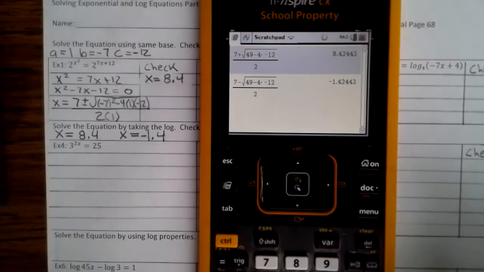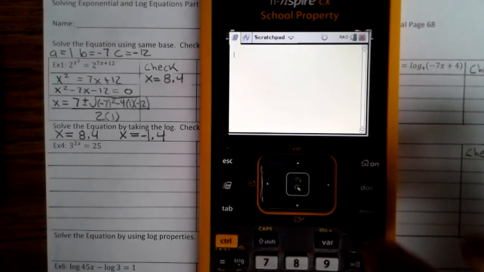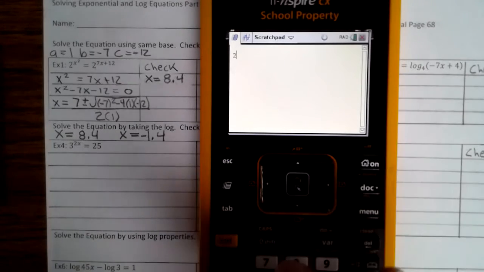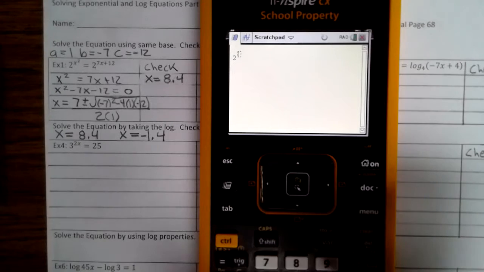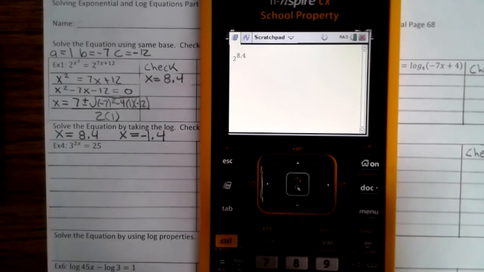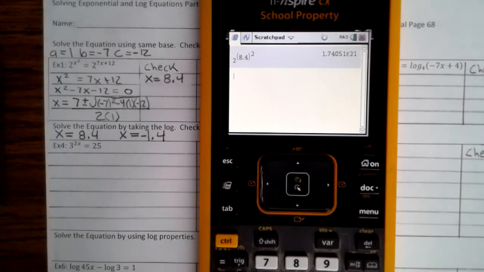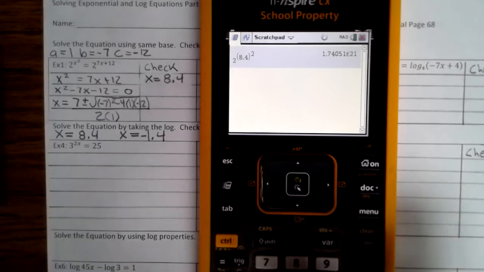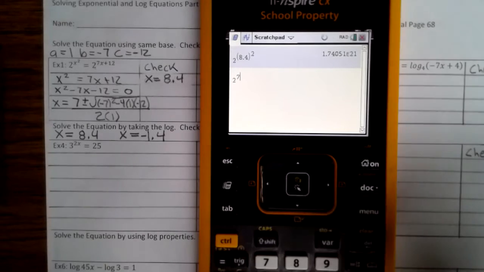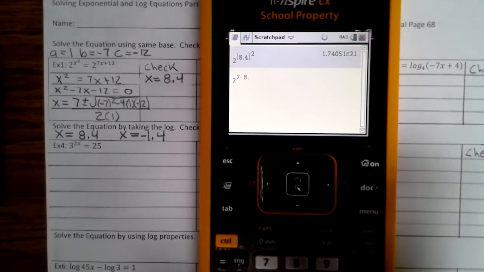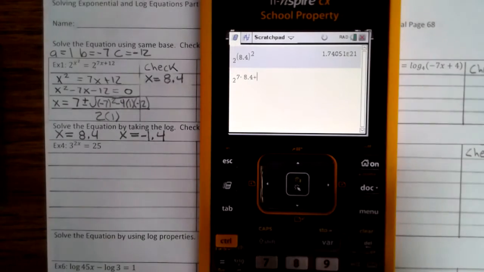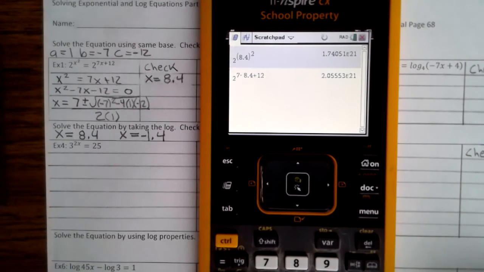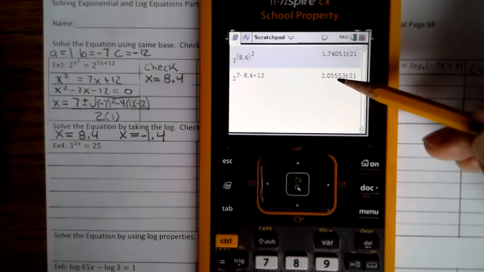So that's 2 up key 8.4 squared, press enter, and then 2 up key 7 times 8.4 plus 12. Now, here's the thing. You have to be very careful in that we rounded, and so you can see the numbers are different. So we need to go back and find out what the actual number was.